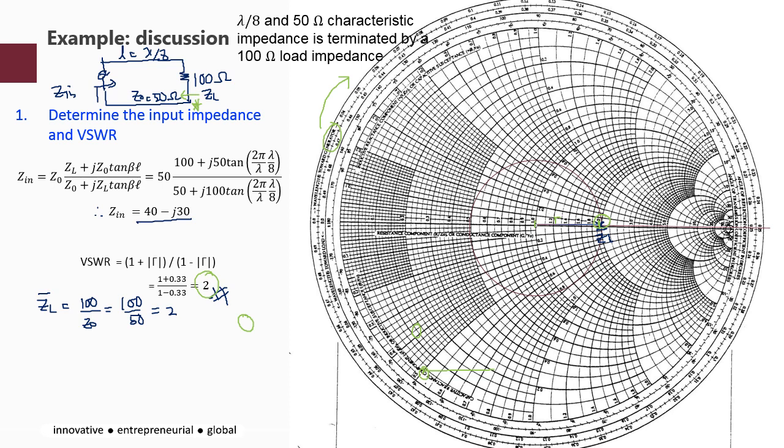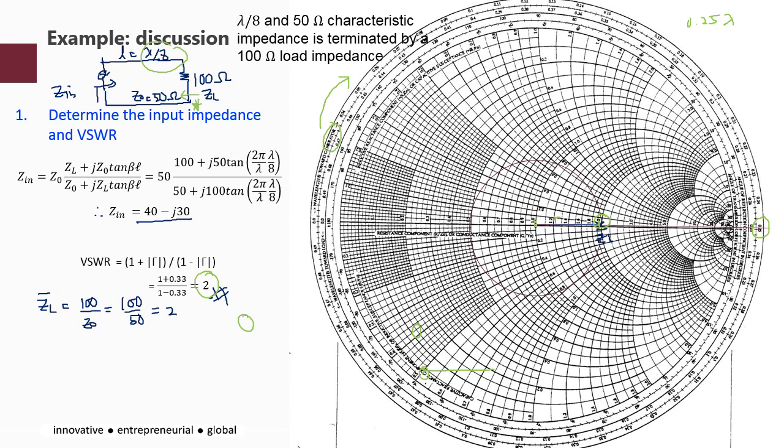The current reading on the outer axis is 0.25 lambda, and the length is lambda over 8.